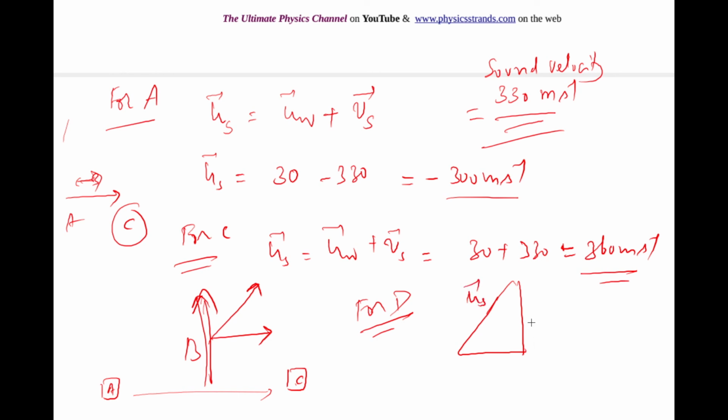The actual speed of sound in still air is Vs, and the wind speed is this V. Since it's a right triangle, Us is going to be the square root of 30 squared plus 330 squared. The resultant answer is Us equal to 331 meters per second. So these are the velocities of sound for the three students under the given condition.